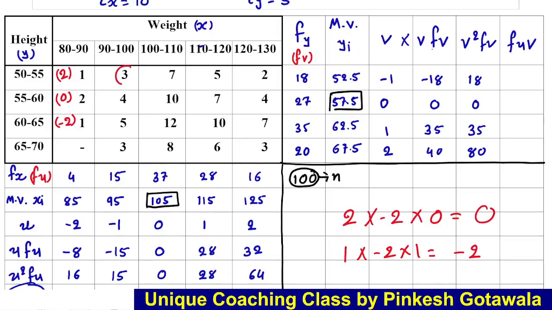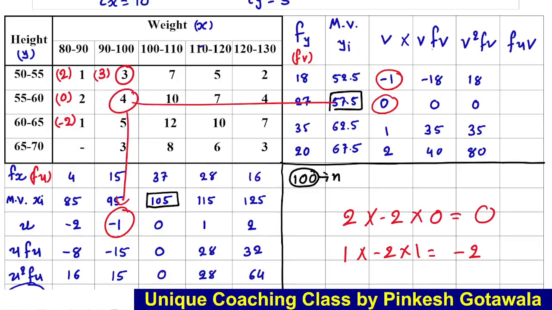Now come here, 3. So 3 will multiply with -1 and here also -1. So 3 into -1 into -1. How much will you get? That is 3. Clear? Then 4. Here -1 and this side 0. So 4 into -1 into 0.